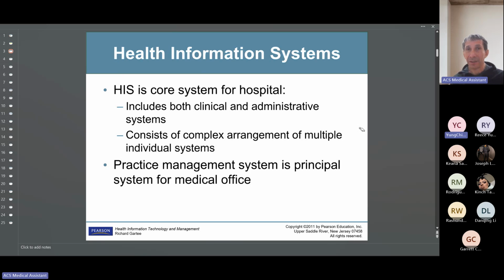What is the administrative part? Anything that has to do with the information of the patient. The demographics, which include the patient's name, address, date of birth, social security, marital status, gender, weight, height, all those things, are administrative. Insurance, who's going to pay for the services?